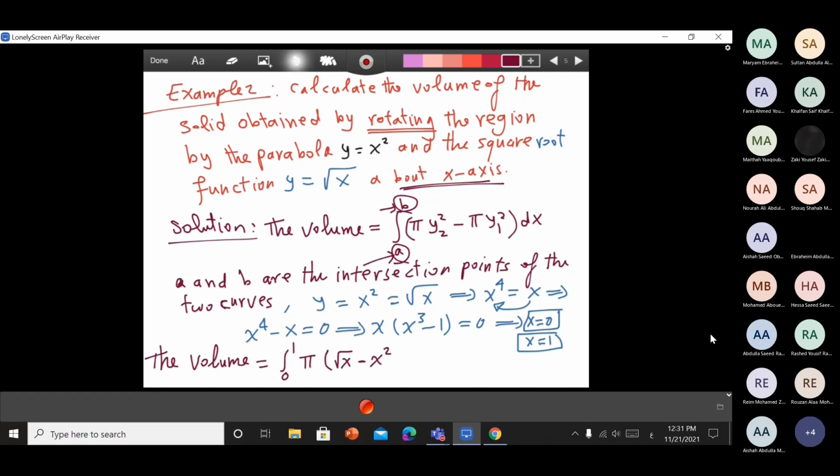So I need to square this one. This is the volume from the upper one minus the volume of the lower one. All of this will be integrated with respect to x from 0 to 1. Can you use your calculator and give me the result? Or you can write a MATLAB command to find it. Or you can do it by hand, right?